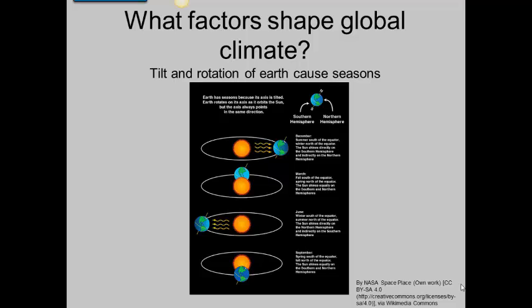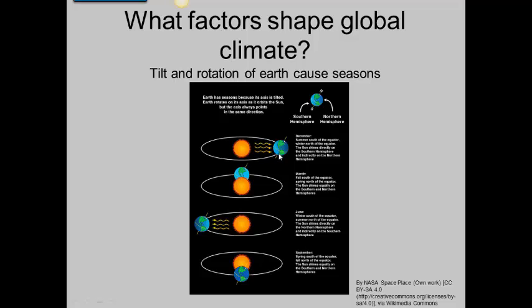So as you can see from this diagram, there are two factors that are really important in determining the seasons on our planet. One of them is the tilt of the Earth, and the other is the rotation of the Earth around the sun. So the first picture right here is showing us the position of the planet relative to the sun when it's summer in the southern hemisphere.